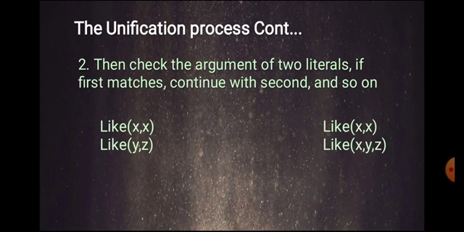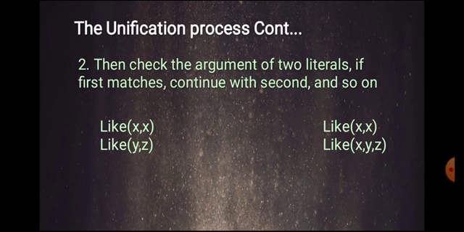Now the second thing we have to do is check whether the arguments of the two literals match. If the first argument matches, we continue to the second argument, then if the second matches, we continue with the third, and so on. The arguments must match each other.